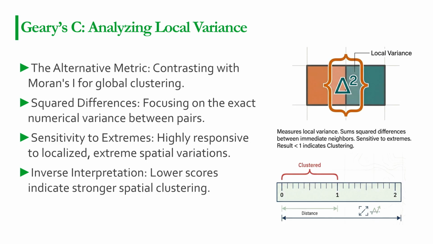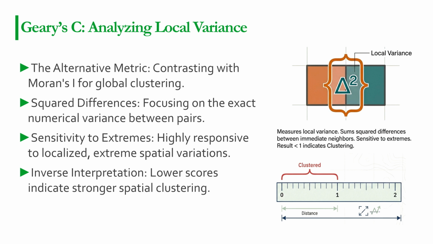Geary's C, in contrast, focuses directly on the difference between neighboring pairs. The formula sums the squared differences in disease rates between nearby farms. Because it uses squared differences, Geary's C is more sensitive to strong local variation than Moran's I.